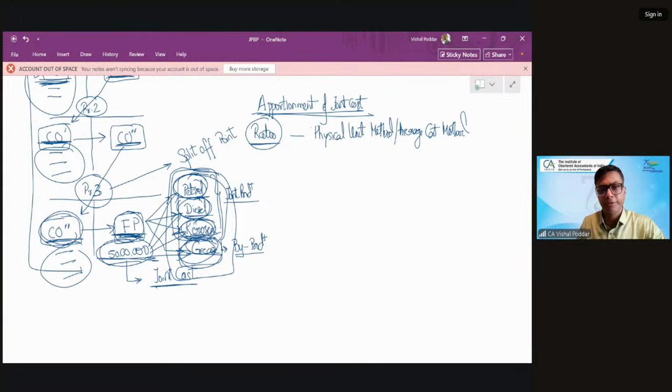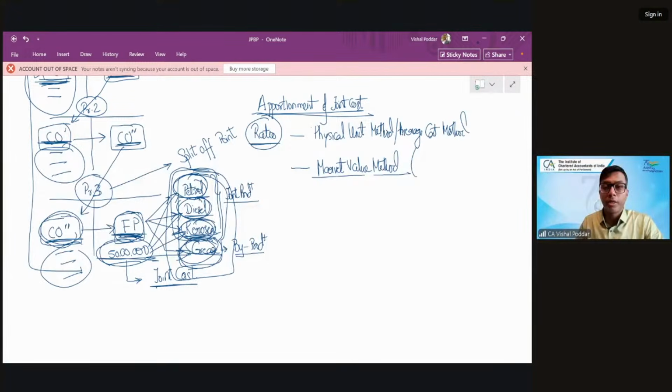Second, what I can do is find out their sales values or the market values of these products. Since these are products, they can be sold in the market. So I'll find out their total sale value, which is also called market value. What is total sale value?